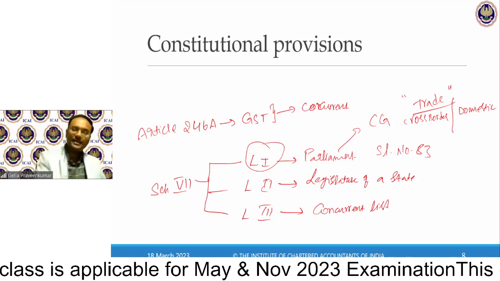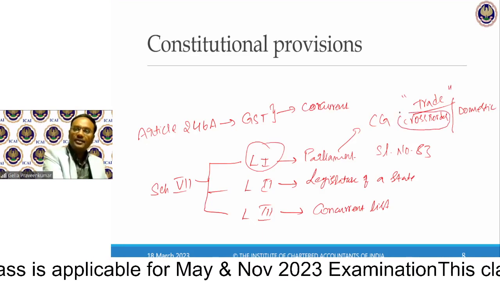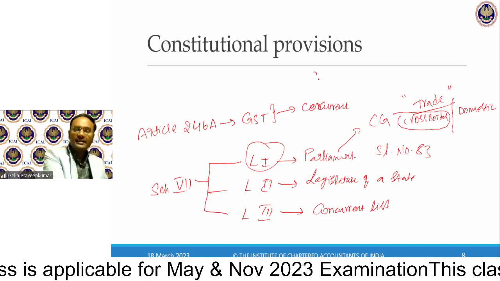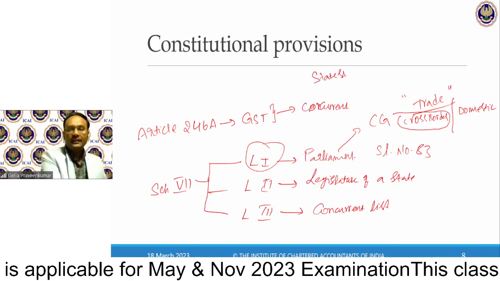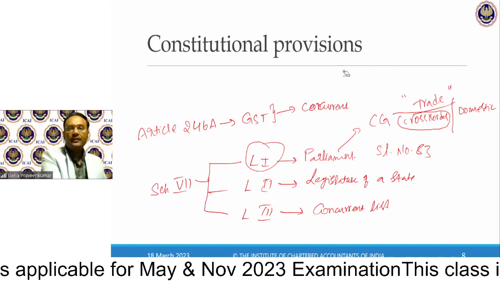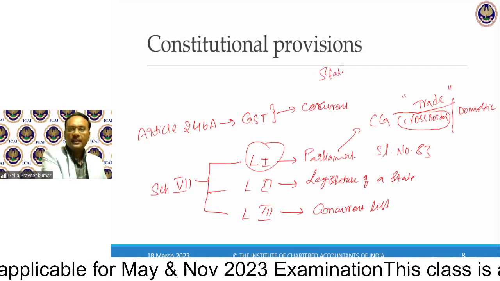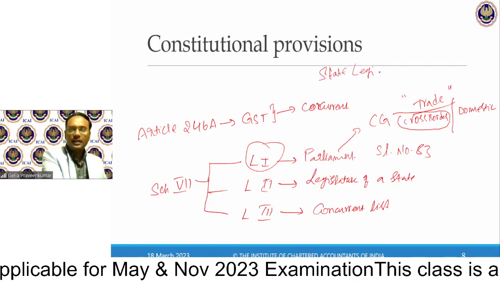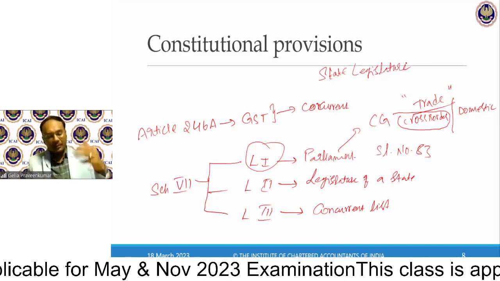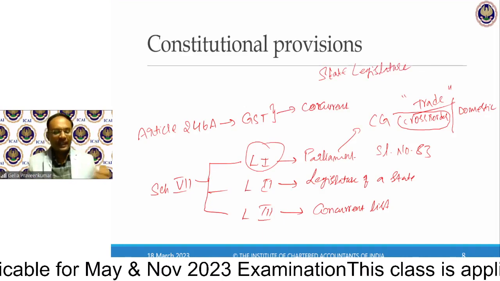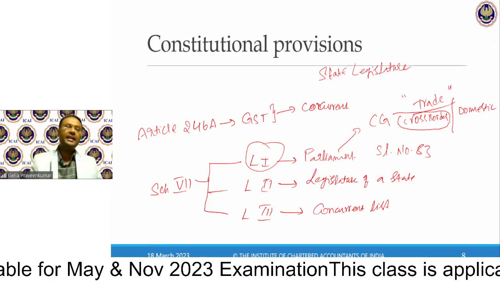And when the trade happens cross-border, please keep in mind, students, none of the states have authority with respect to levy of tax or duty on these cross-border transactions. For a moment, let us assume that Hindustan Unilever imports a particular machinery from America.